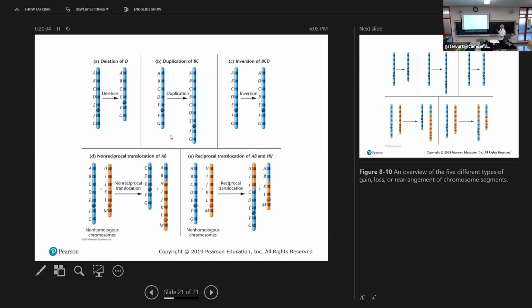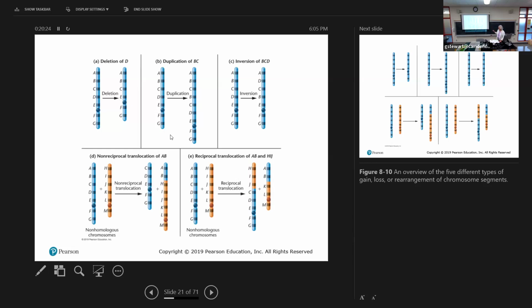So this requires 2 breaks in the chromatid, right? So you don't lose any DNA, right? They're still the same size, which is great. But the genes aren't in the right order. And a lot of times the order of the genes is important for gene expression.